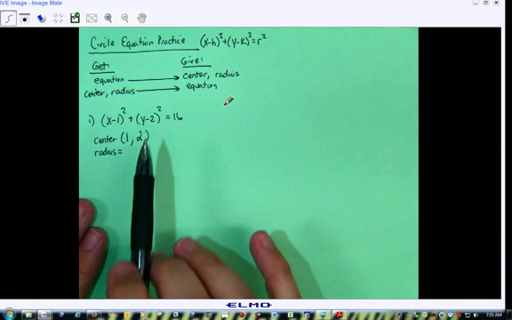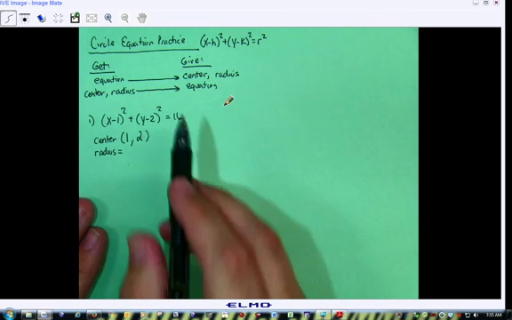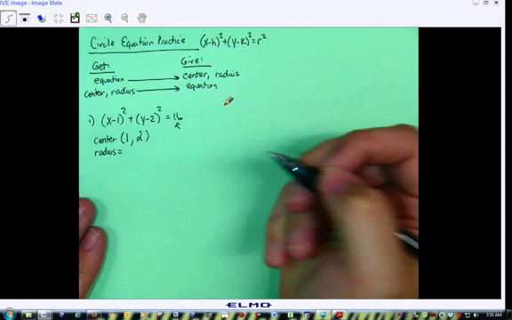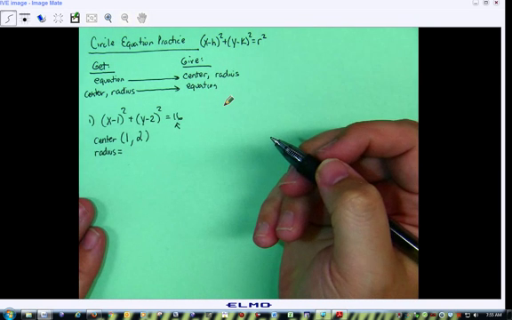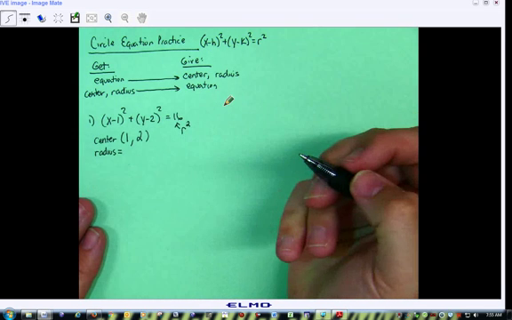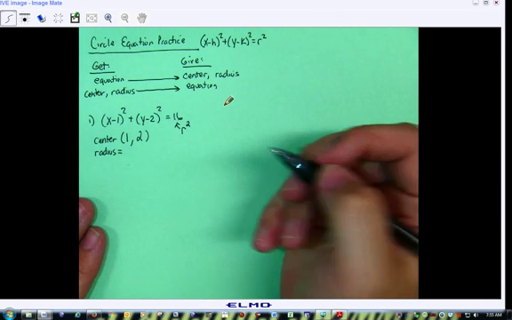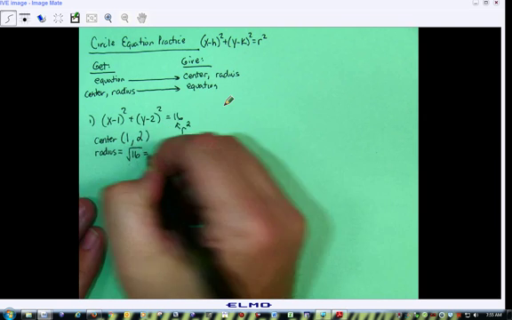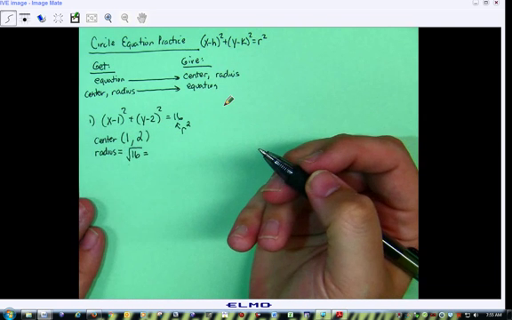It's 4. This guy, 16, all right, calm down, is your radius squared. So the radius is going to be the square root of 16. So what's the square root of 16? 4.